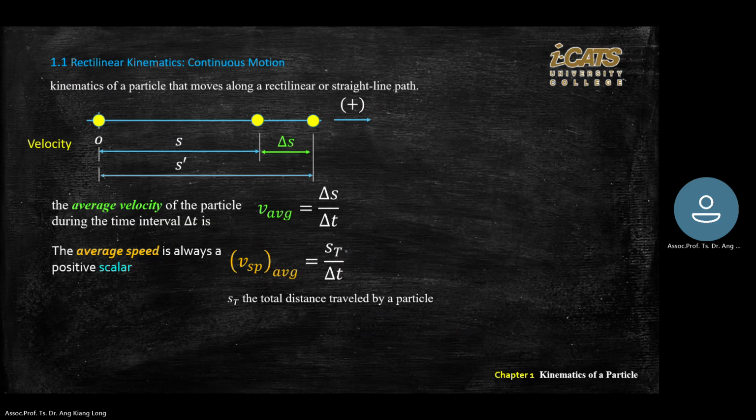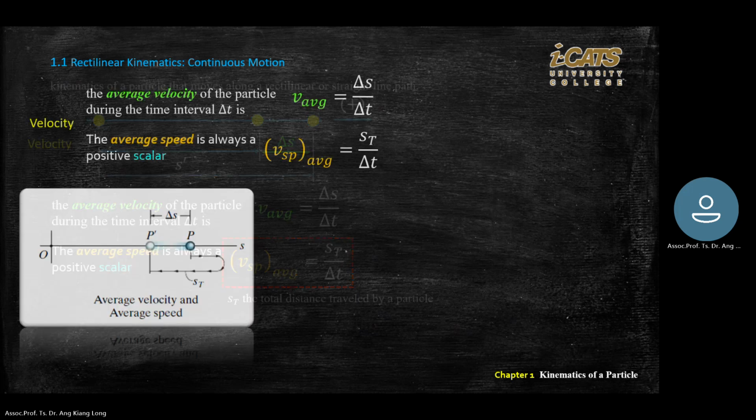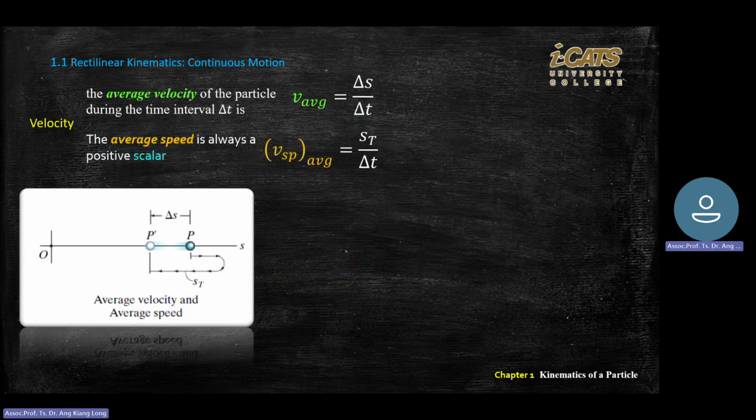The rest is just a proof of the equations, saying that actually these two are different equations. What does it mean? If you use this example, let's say the original position is P. However, the second position of the blue dot moves to the left and becomes P prime.